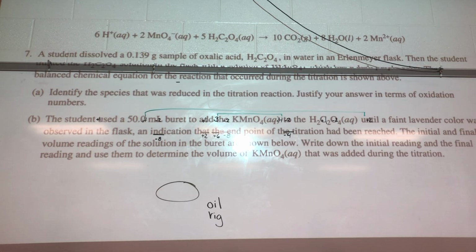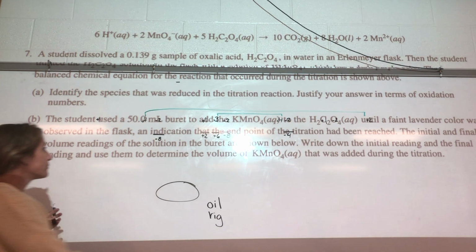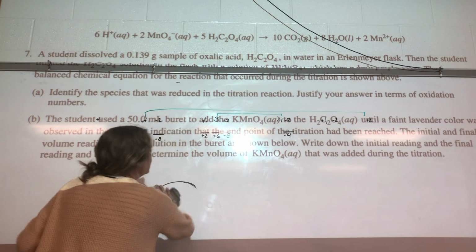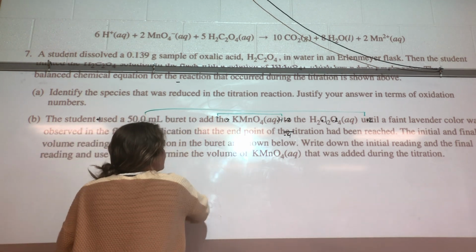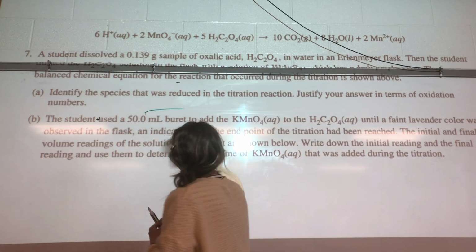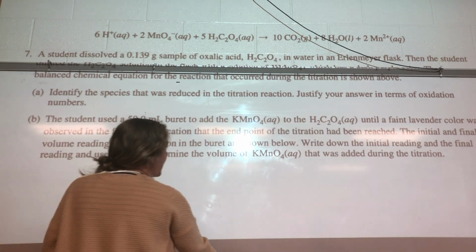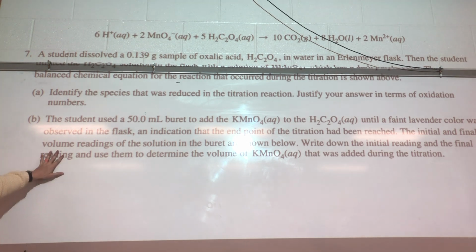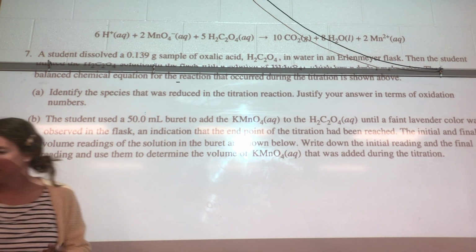Okay. B, the student uses a 50 milliliter burette to add the potassium permanganate to our other one until a faint lavender color has been observed, indicating the end point of our titration. The initial and final volumes are shown. Write the initial reading and final reading and use them to determine how much was added.